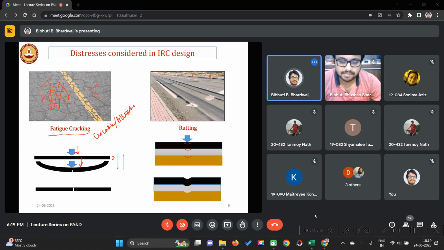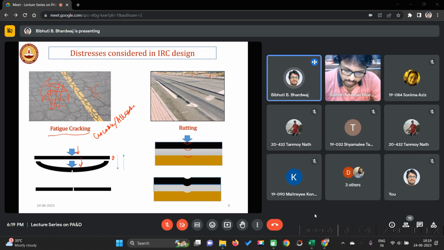In France, tired is often called fatigue only. So when this kind of phenomenon happens repeatedly, the pavement becomes tired and it fails in fatigue. So it's called fatigue cracking.